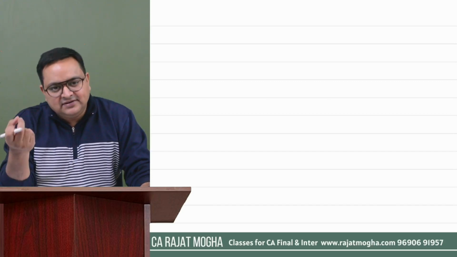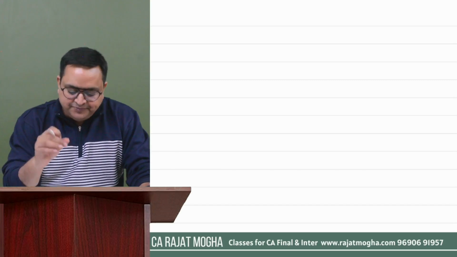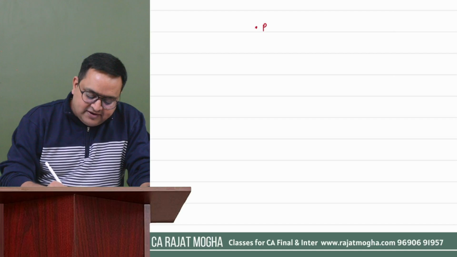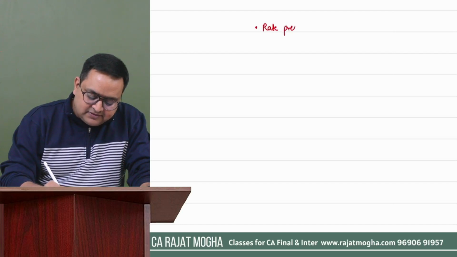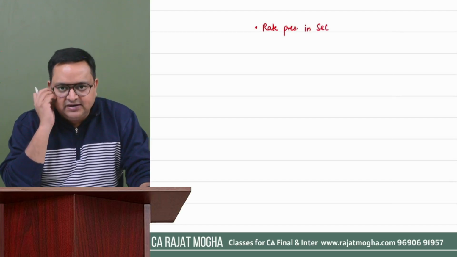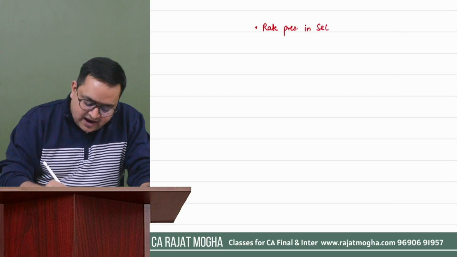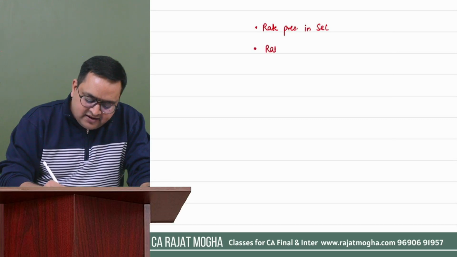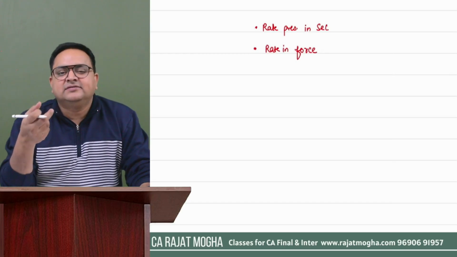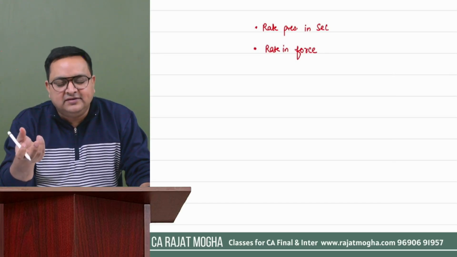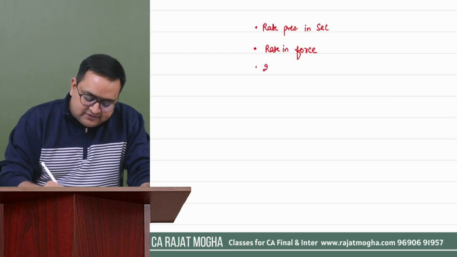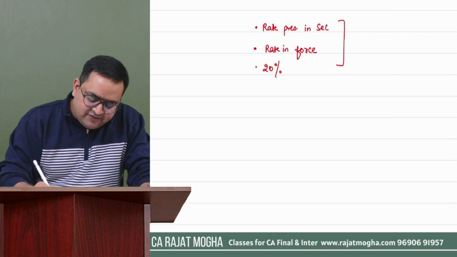In this section it is mentioned that whatever rate is prescribed in the particular section in which we are deducting the TDS, and also the rate in force. Rate in force means if the central government has prescribed some other rates for TDS, then we have to consider that rate also, or 20%, whichever is higher.